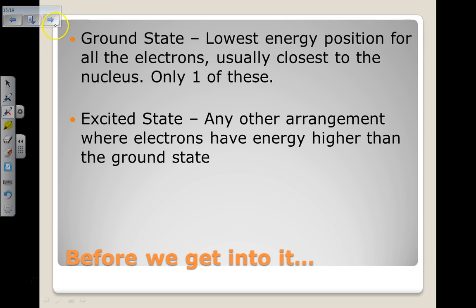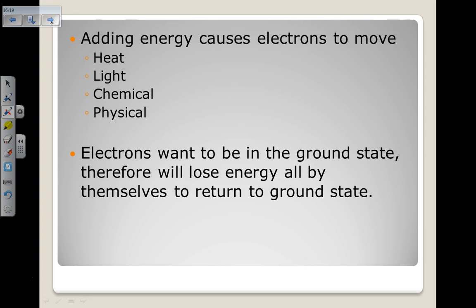The ground state. Believe it or not, you've already figured out a lot of this. When we add energy to electrons, they move around. How do we add energy to electrons or to atoms? We can use heat, light, chemical energy, or actual physical energy.